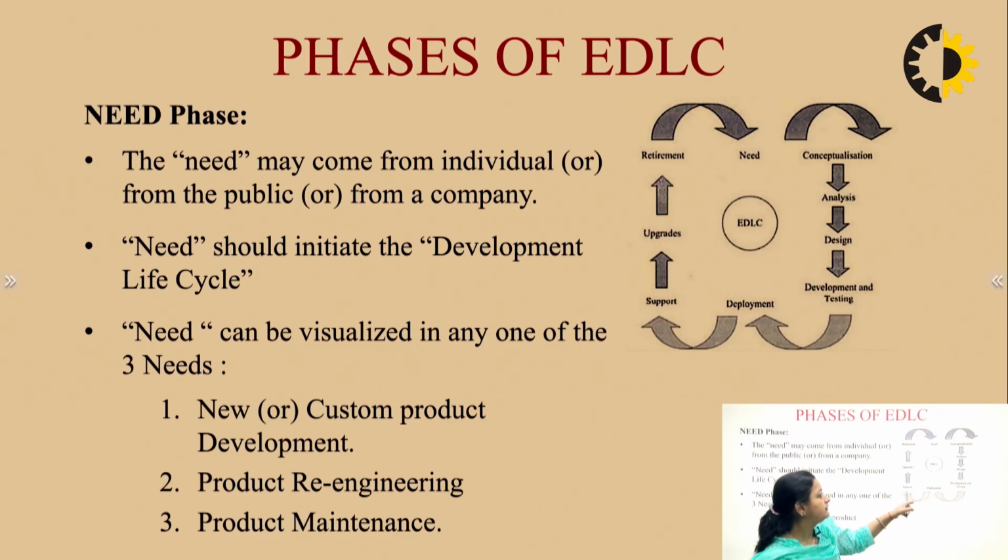From this support phase, we move to upgrades. Because from the support phase only, we sometimes come to know about the flaws in the product, the various areas of improvement which can be implemented, so the product can be upgraded to a better version of itself. So after support, we have the upgrades phase, and after upgrades, we have the retirement phase. Retirement or disposal of the product is the last stage.